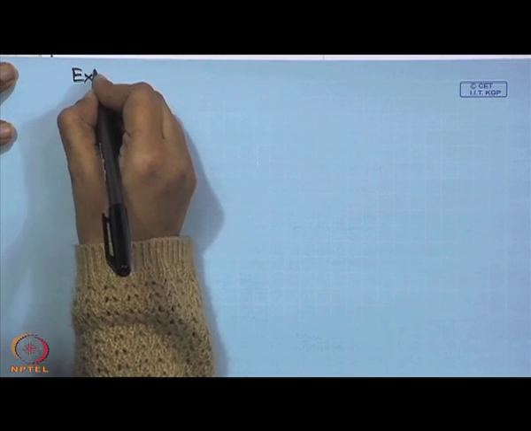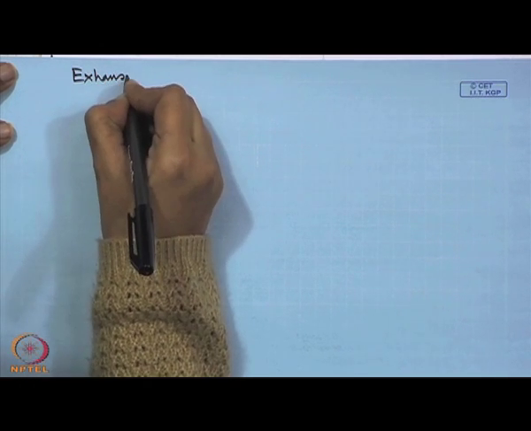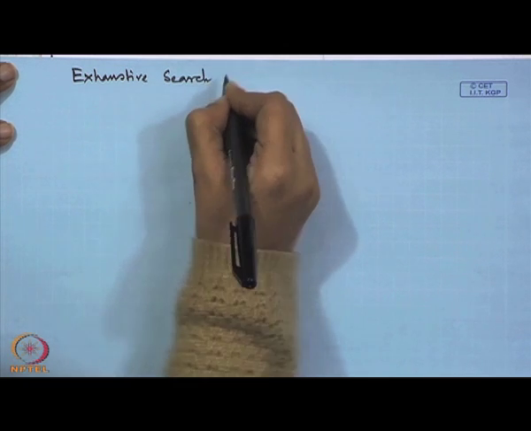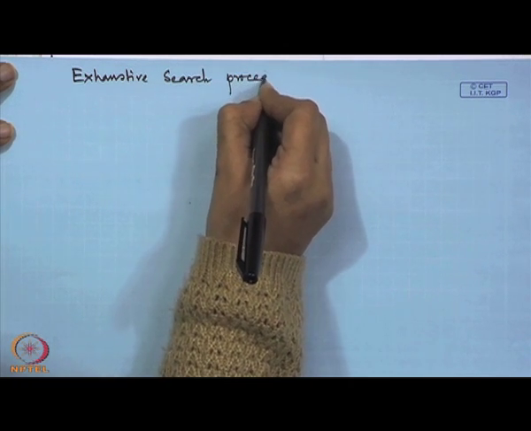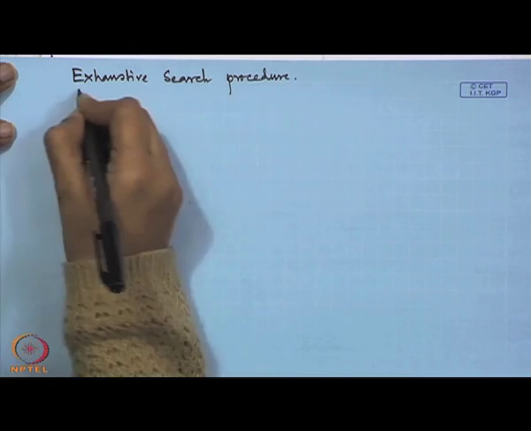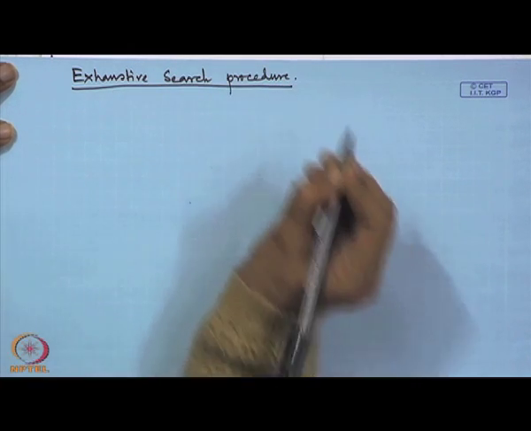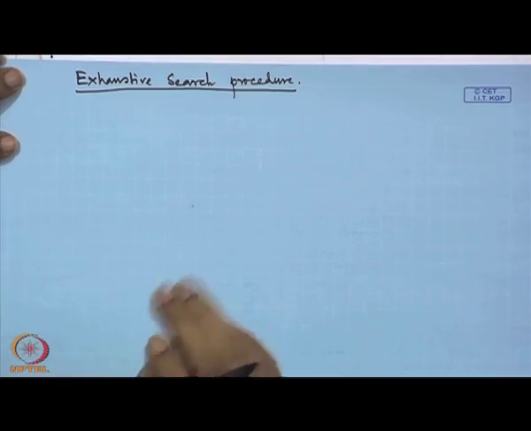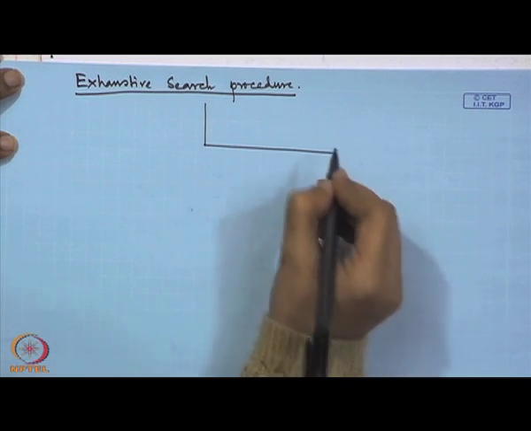Now, we are moving to the next, which is a little bit more complicated than the unrestricted search technique, that is the exhaustive search technique. The exhaustive search procedure is mainly based on this assumption again: the function must be unimodal within the domain of definition.